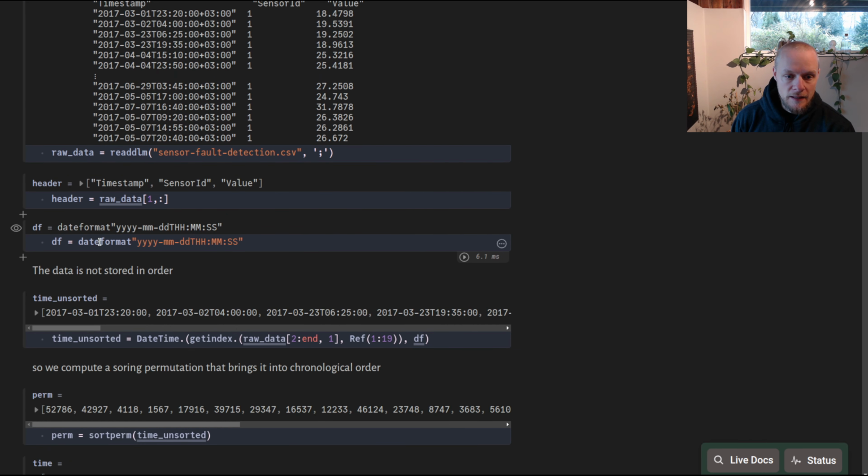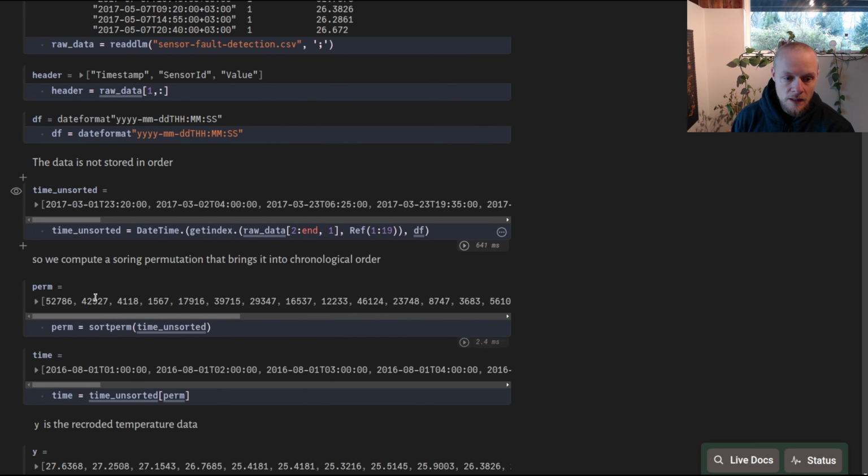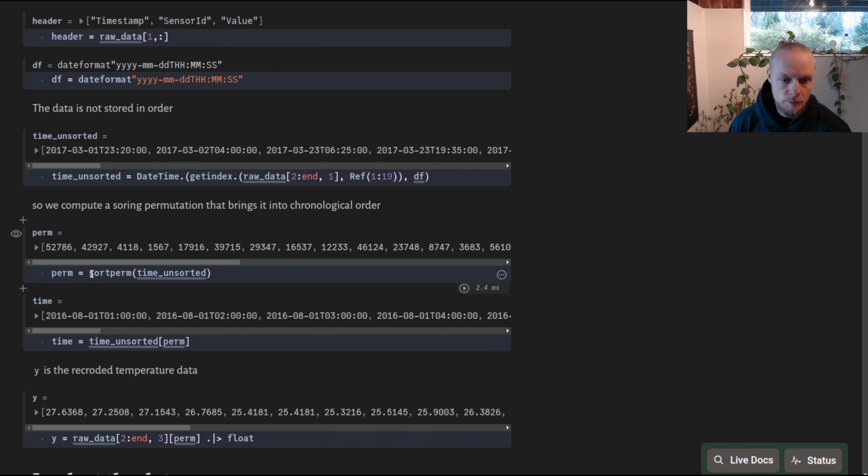I create a date format string so that I can parse the timestamp strings as Julia datetime objects. And I do that here. So now I have a vector of unsorted timestamps. Then in order to sort them, I compute the permutation using sortperm. So instead of sorting the array, it gives me the permutation such that if I index with this permutation, I get the sorted array.